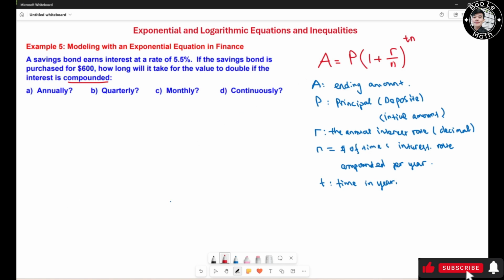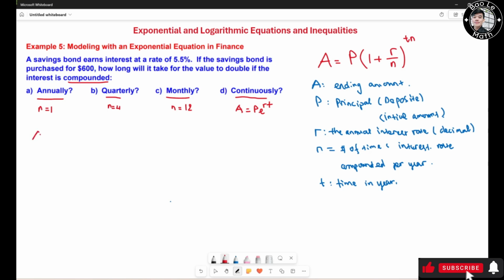Now, in order to apply this formula, you need to understand that annually means n equals 1, quarterly means n equals 4, monthly means n equals 12. And continuously, we need to apply the formula A equals P times e to the r times t, because this is continuous.